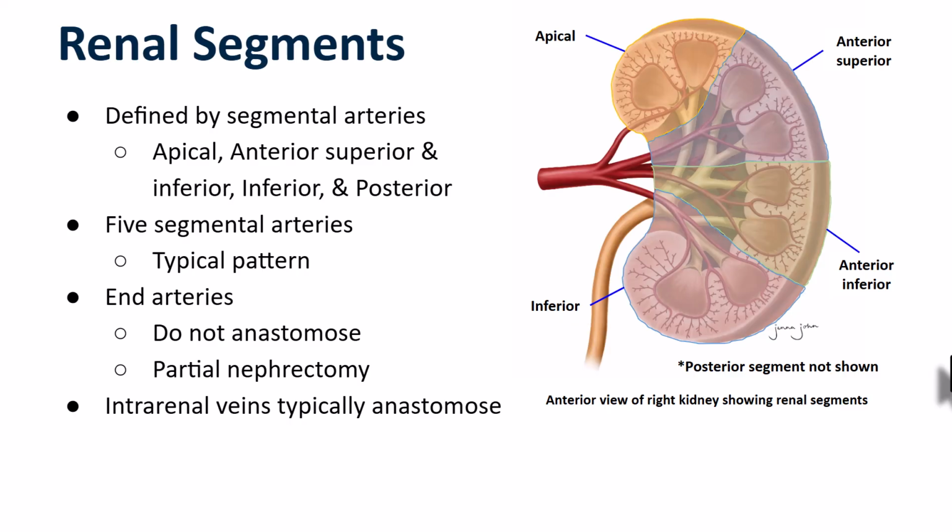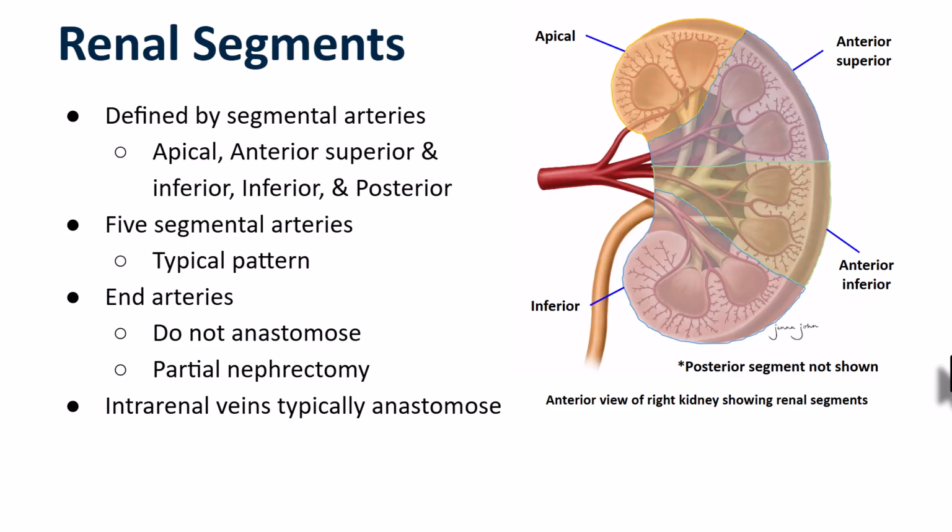Now, each of these segments are defined by branches of the renal artery called segmental arteries. So that makes sense, at least in the name, right? 1, 2, 3, 4, 5 segments, 5 segmental arteries, and that is the typical pattern of branching. It is possible to have more or fewer, but 5 is what is typical.